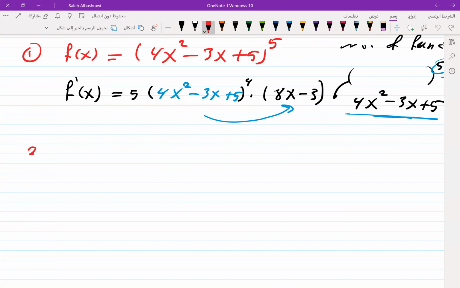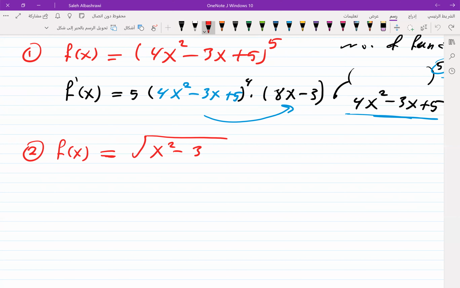Number 2. f of x is equal to the square root of x squared minus 3, and I need to find the derivative of this one. Also, I need to check how many functions I have.